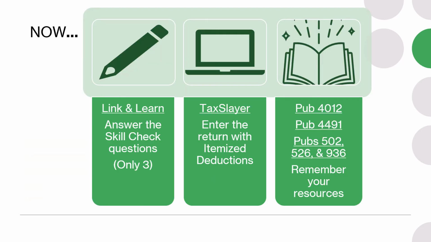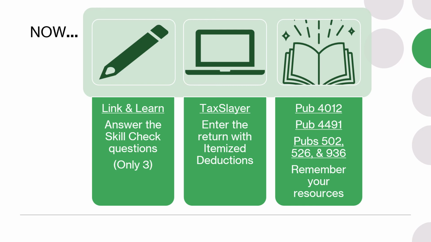So now that we've gone in depth into itemized deductions and Schedule A, we talked about deductible medical and dental expenses, taxes, and mortgage interest, and we talked about charitable contributions.